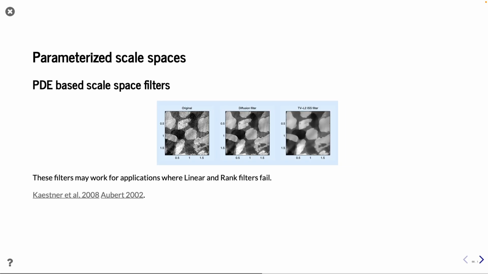Then another way to do this scale space is to go towards parameterized scale spaces, and then we actually start solving differential equations on the images. And the first approach, so here are some examples, but I go deeper into those.